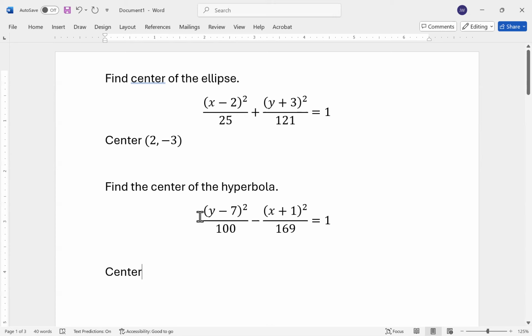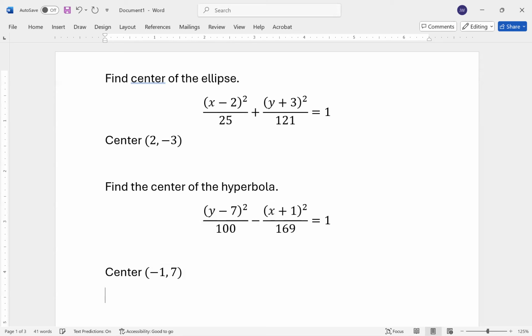For the center of this hyperbola, the center is going to be at the point negative 1 comma positive 7. Again, look at where x is. It's x plus 1, so we have a negative 1 as the center for x, and y minus 7, so we have a positive 7.